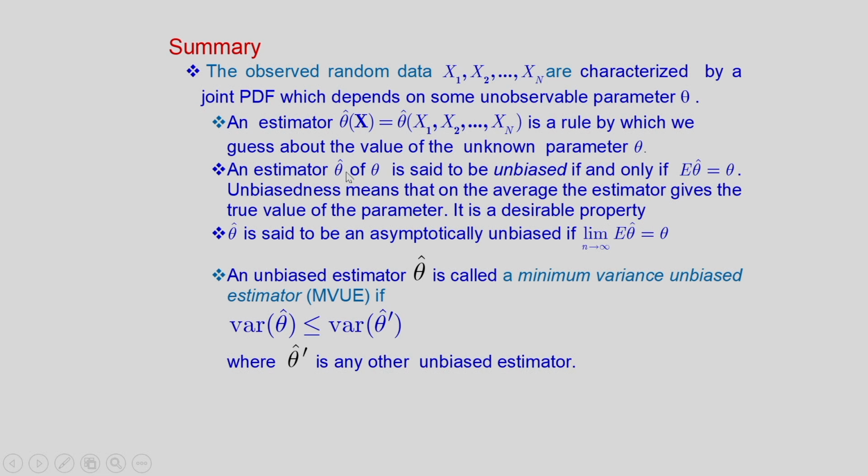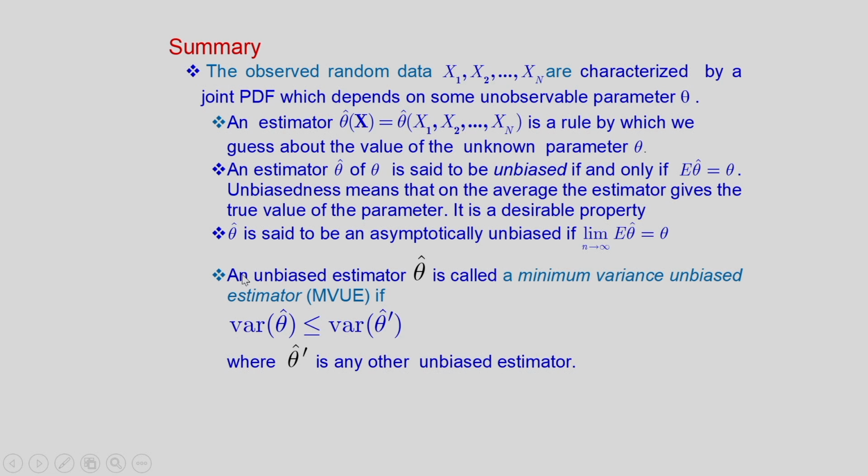We introduce the unbiased estimator: an estimator theta hat of theta is said to be unbiased if and only if E of theta hat is equal to theta. Unbiasedness means that on the average the estimator gives the true value of the parameter. It is a desirable property. Theta hat is said to be asymptotically unbiased if the limit of E of theta hat as n tends to infinity is equal to theta.